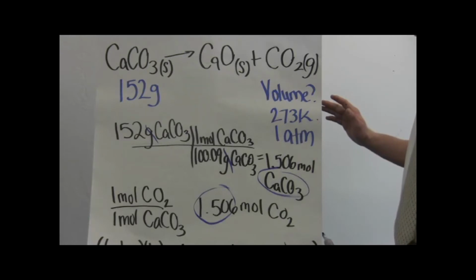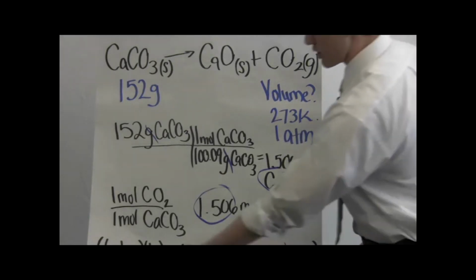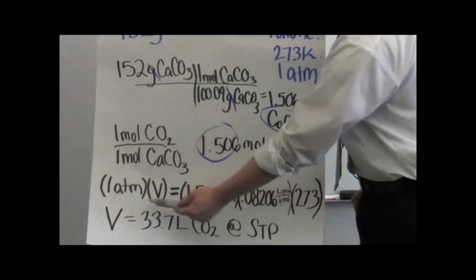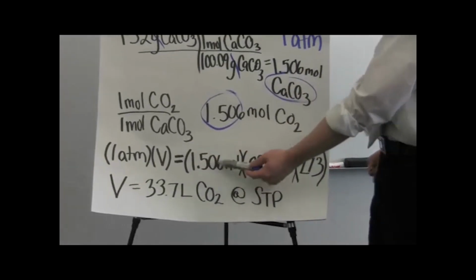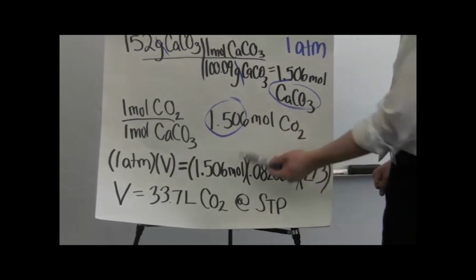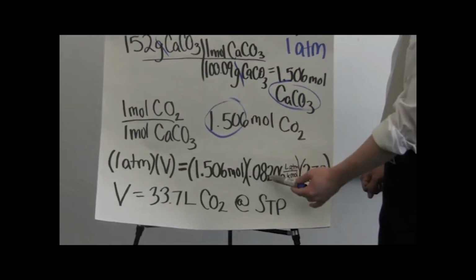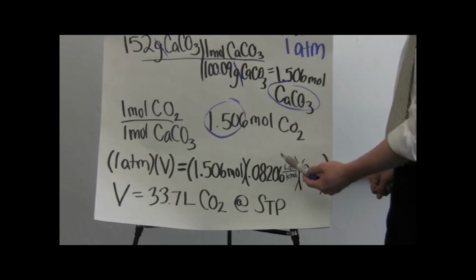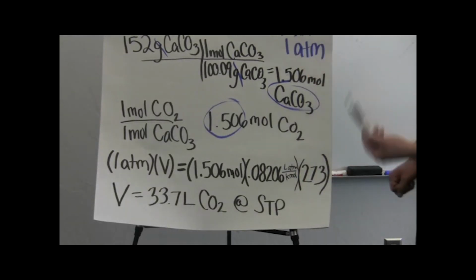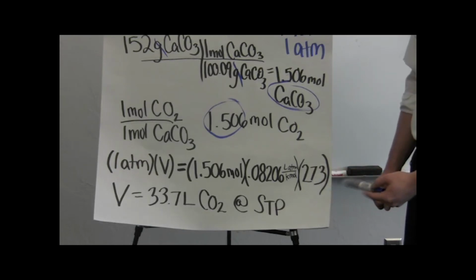Now we can set up PV equals nRT. Pressure, 1 atmosphere. Volume, that's what we want to know, equals 1.50 moles. That's what we just solved. That's our n. R is 0.08206 liters atmosphere per Kelvin mole, like usual. And our temperature was standard, 273 degrees Kelvin.